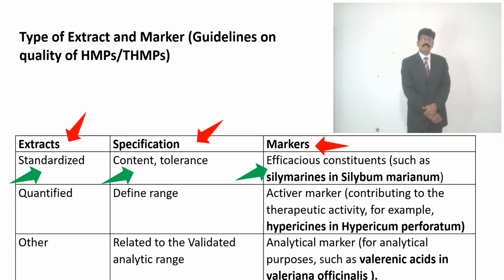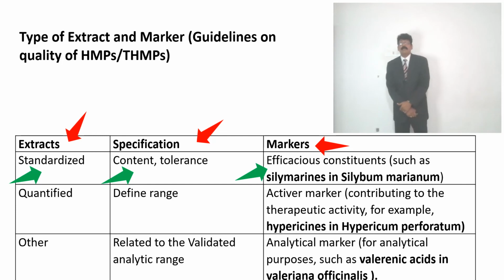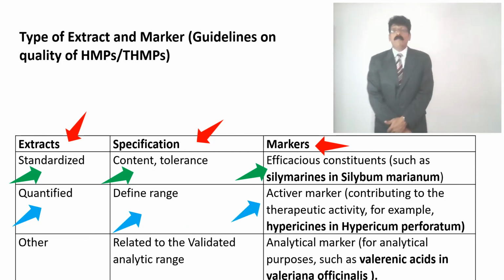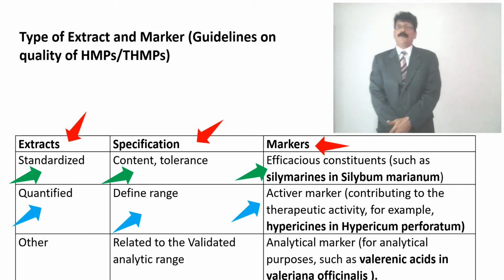It is the plant Silybum marianum. And if you want a specification with a quantified defined range, an example marker contributing to therapeutic activity can also be seen.